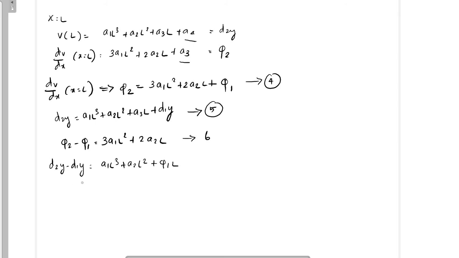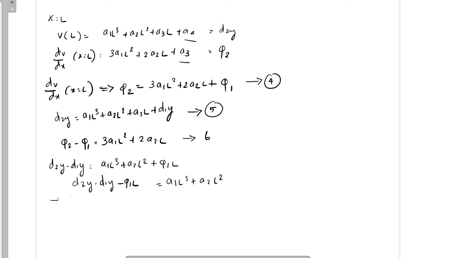So you bring all the constants on the same side. So d2y minus d1y minus pi 1 L, which is equal to a1 L cube plus a2 L square. So the equation 6 is in the form of L square, here we have L cube and L square.